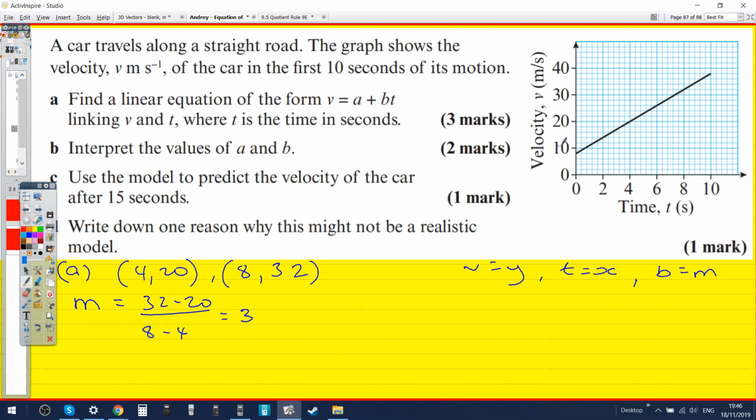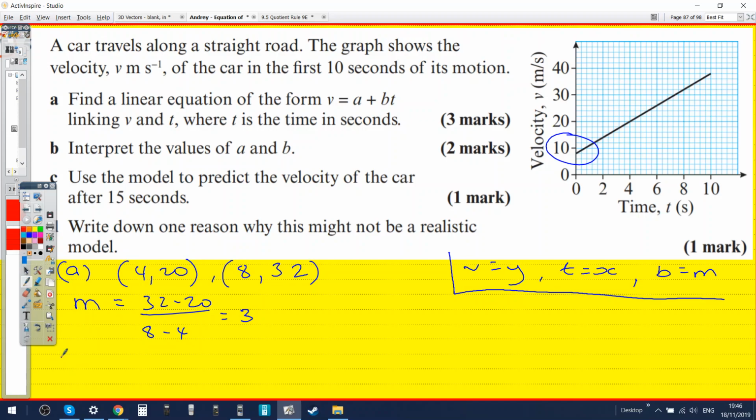Yeah. And if you look at the graph, the y-intercept looks like it's 8. And so, linear equation. So do I need to write out the equation now?